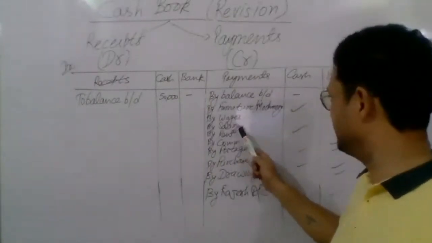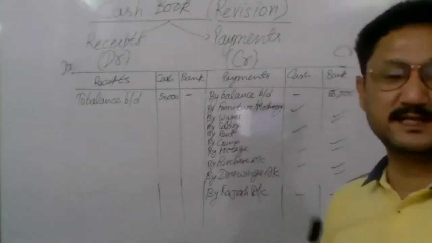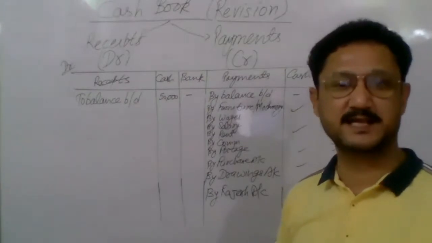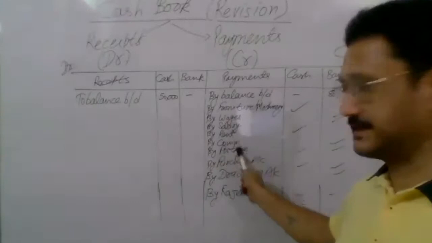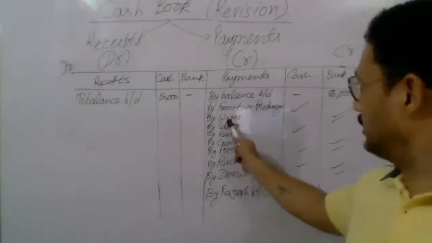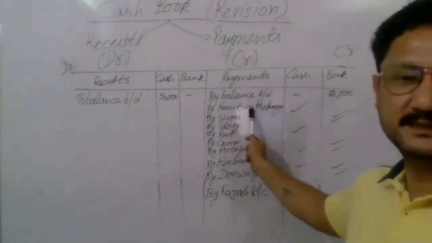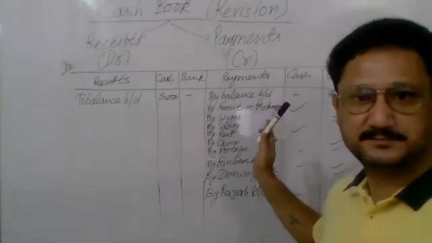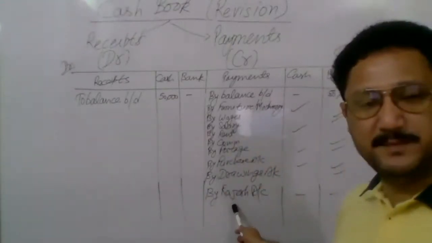Wages, salary, rent, commission, postage, insurance, interest, cartage, carriage. All the expenses you will write here. Or the name of the asset, you will write by furniture, by machinery, by land, building, plant, whatever. Or you will write the name of the person to whom the payment is made.